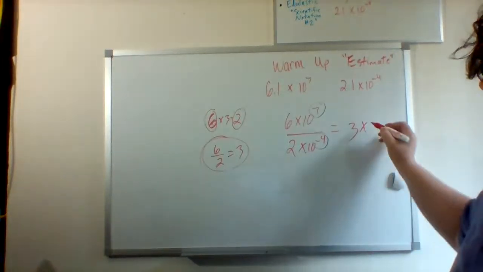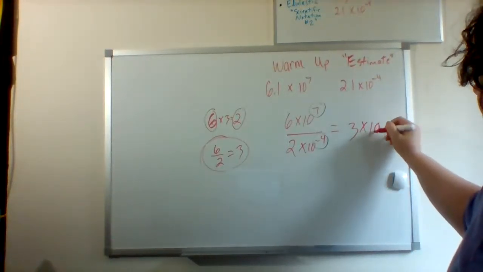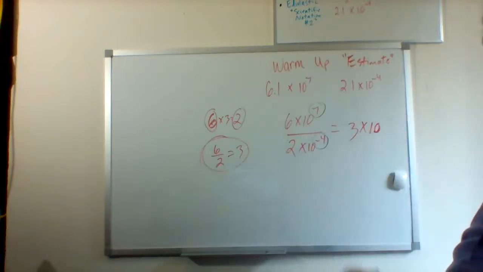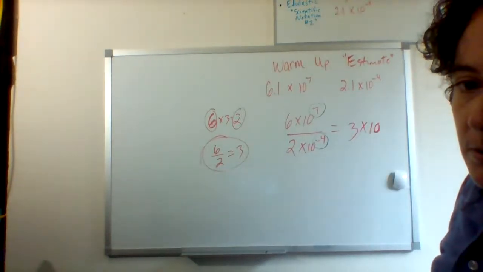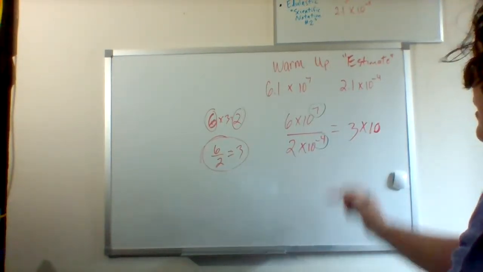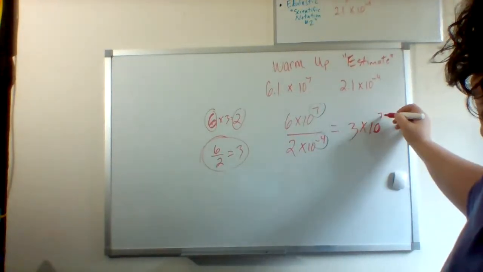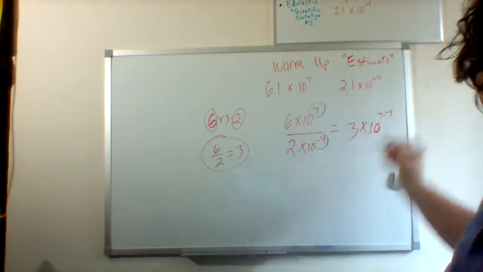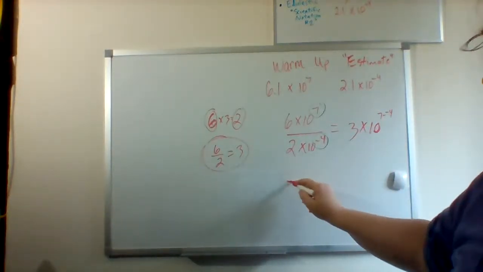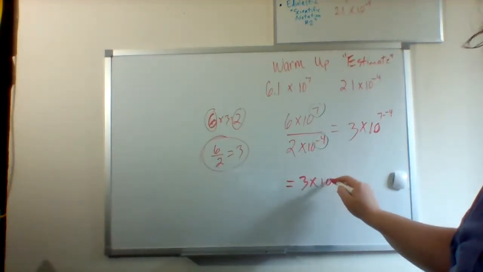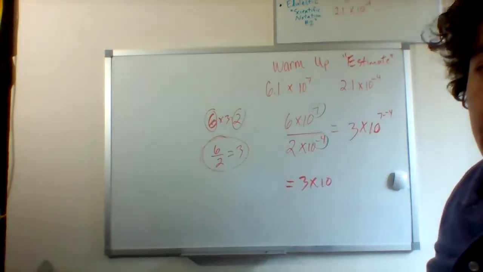So it's going to be 3 times 10 to the what? You're supposed to subtract them, right? 7 subtract a negative 4. Okay, and what is that? What does 7 take away a negative 4?